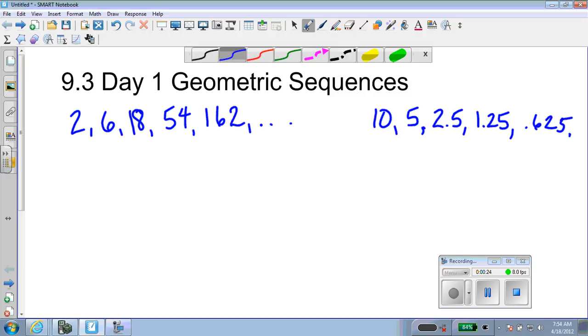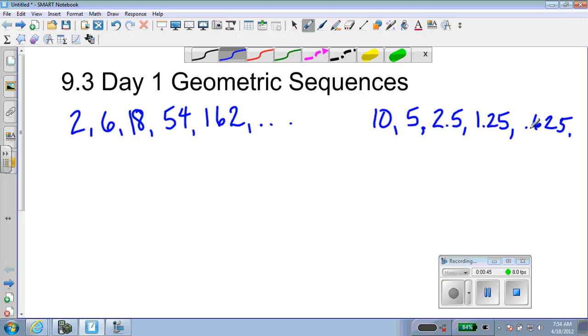It's hopefully fairly obvious what's happening here: we're multiplying by 3 and then multiplying by 3 and then multiplying by 3 and then multiplying by 3. Here we're dividing by 2, or multiplying by 1/2, again and again.